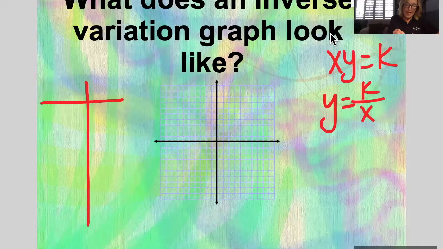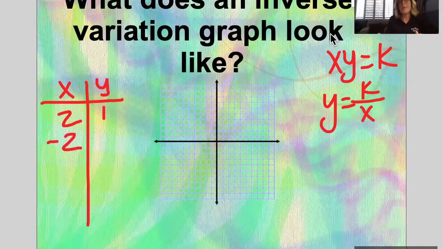Let's say we have x and y, and let's say k is equal to 2. We're just going to say that our equation is y equals 2 divided by x. So let's give an x of 2. What happens to y? Well, 2 divided by 2 would be 1. What if x were negative 2?